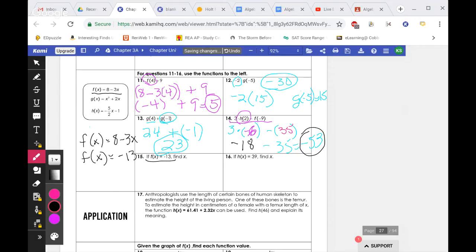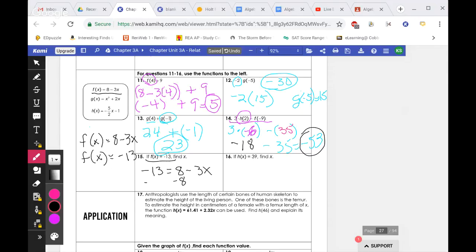And then it's asking us to find what x is. So if f of x equals this, and it also equals this, then it would stand to reason by mathematical laws that we could actually set negative 13 equal to 8 minus 3x to solve for x. And now it's just a regular algebra problem.